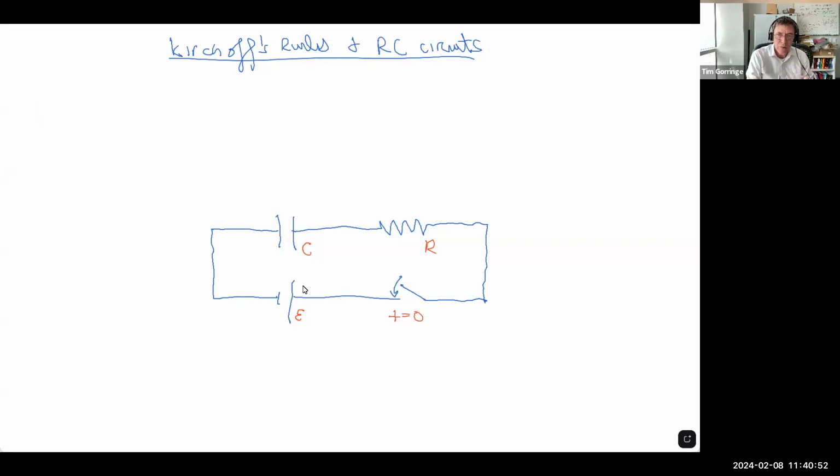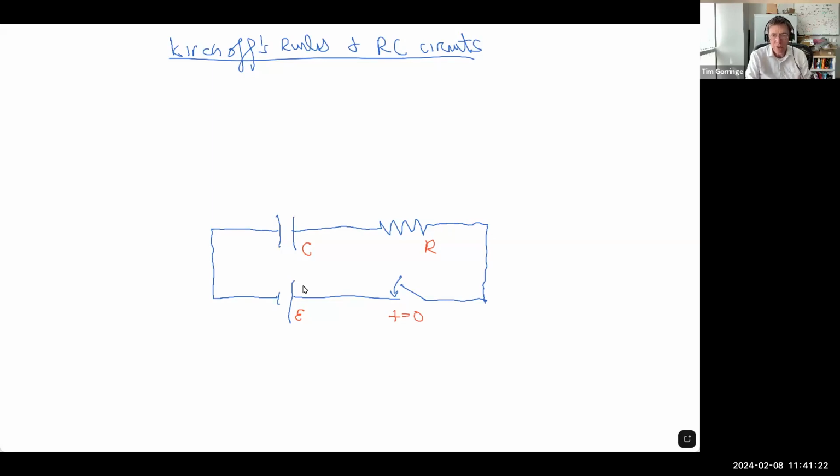It's a more complicated circuit in another sense because this is a circuit in which there's not a steady state current, not a constant continuous current, but a momentary, a fleeting current. The time scale of the current is the time scale of the RC circuit. It's the time scale determined by the capacitance of the capacitor and the resistance of the resistor.